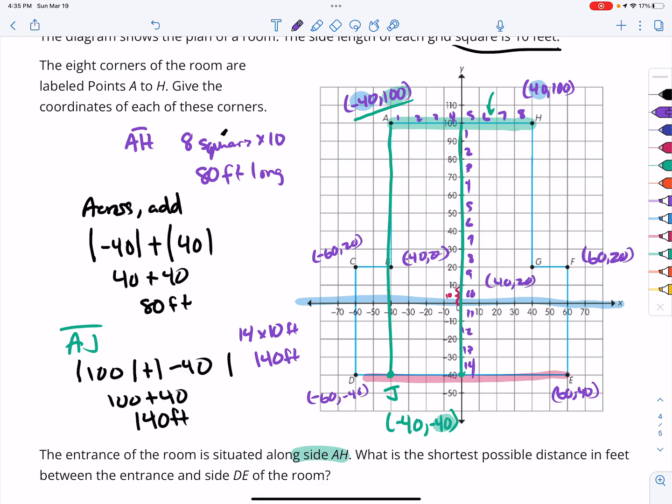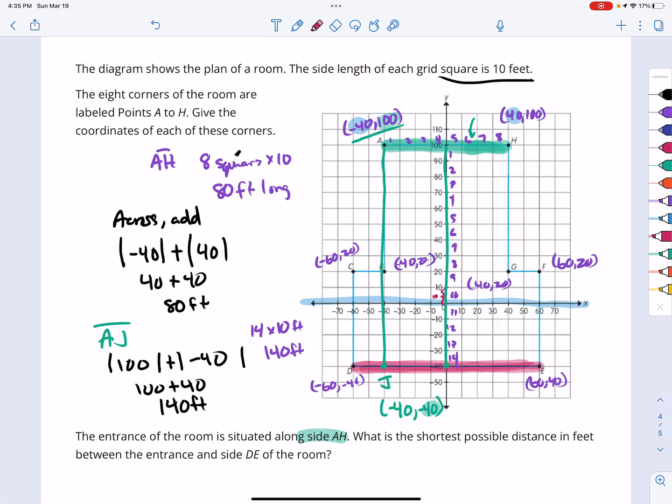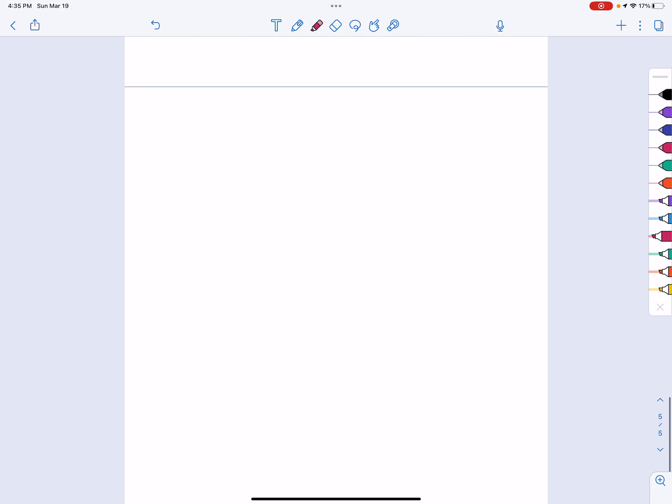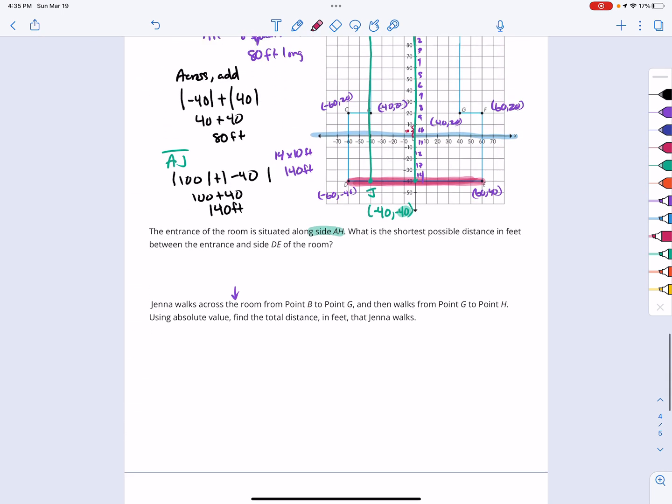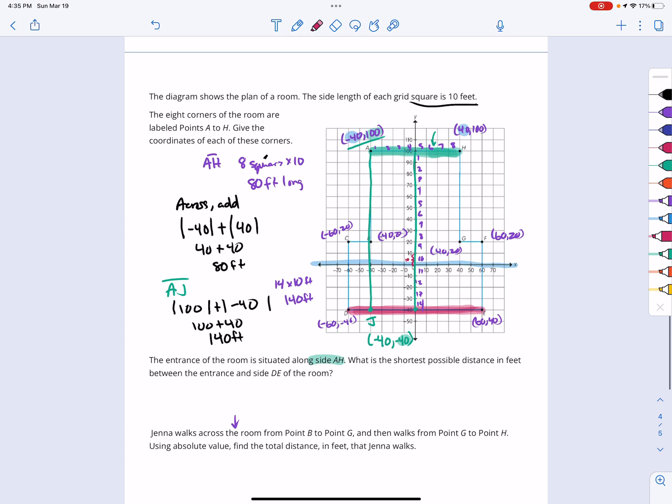We know that no matter where that door is placed along this green side, it is going to be at least 140 feet, vertical feet away from here, vertical on this coordinate plane. All right, and we're going to ignore this Jenna question because that is about the perimeter. So it's just calculating a lot of side lengths and then doing some addition.